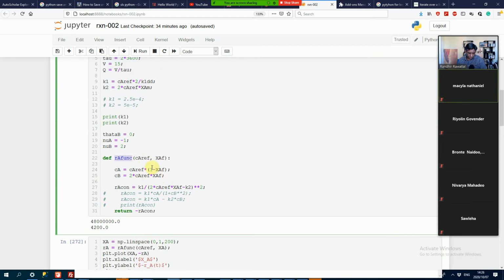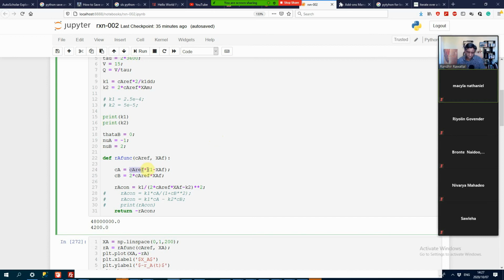So I'm specifying a certain conversion, and I'm specifying a reference concentration for component A. So remember, the reference concentration, that's either the inlet concentration or the initial concentration. So both those are related to how much you have before reaction happens.